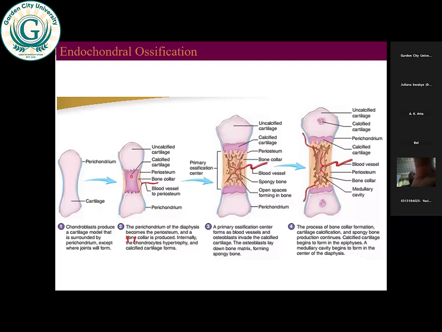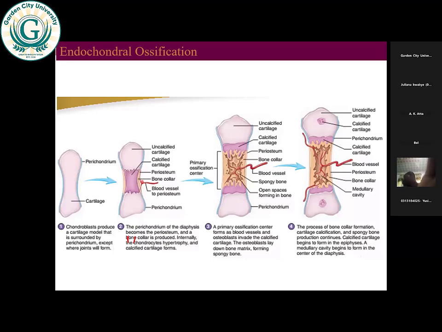Remember, there are cartilage cells here. So what is going to happen is that the chondroclasts are going to break the cartilage. They are going to break what? The cartilage. And as they break the cartilage, the blood vessels will be sending what?